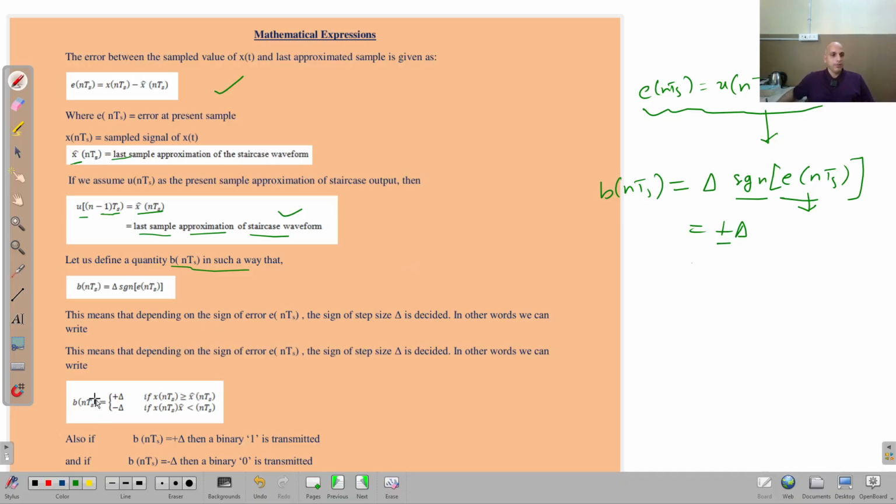If x(nTs) is greater than this, obviously it is positive, so delta is positive. If it is less than this, then we will have a negative delta. If we have positive delta, then the code will be 1. If we have negative delta, code will be 0. These are transmitted. So this is the mathematical part of this delta modulation.